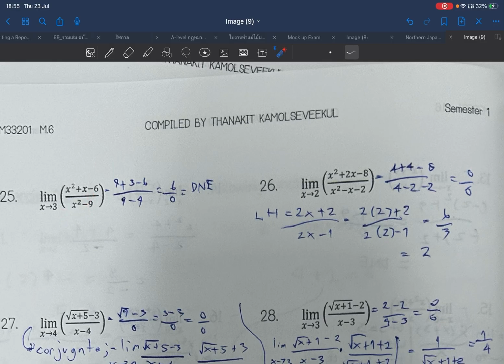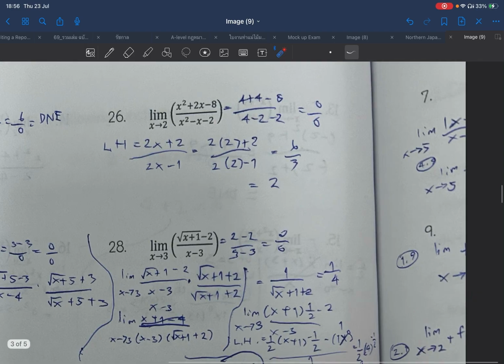And the denominator is 3 power of 2 minus 9. So we multiply the powers together, we will get these. For right here, you just bring it right here, like this one. And so we will get 6 over 0, which means we are actually dividing a non-zero number by 0. So the limit does not exist. It is undefined.